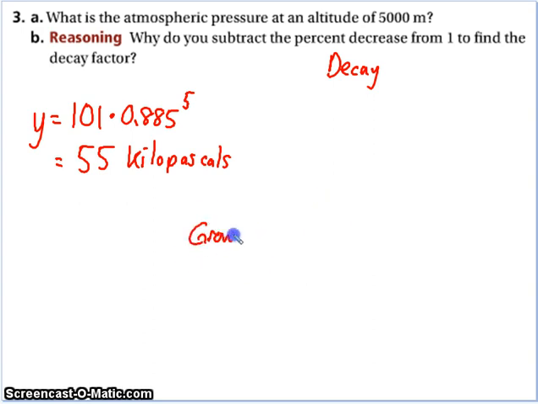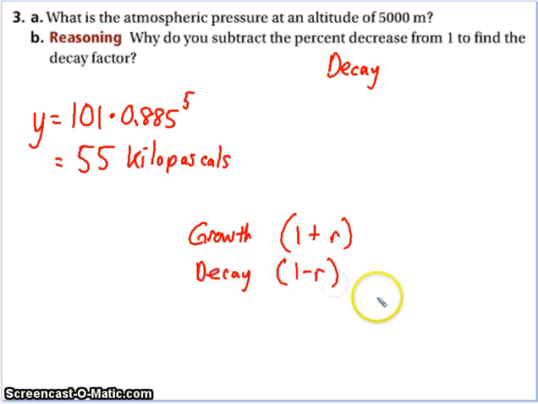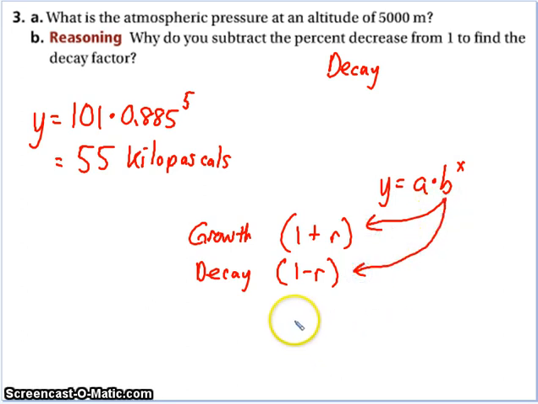Growth, remember, we're taking 1 plus the rate, and for decay, we're taking 1 minus the rate. Okay. Formulas are the same. It's just this will change based on its situation.